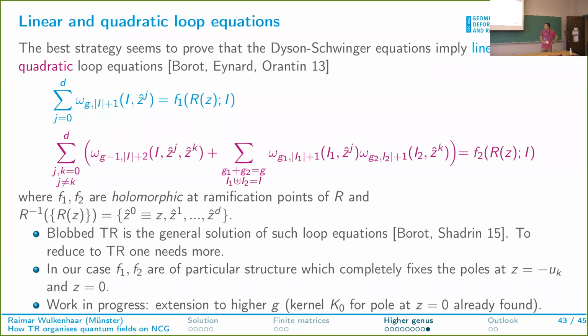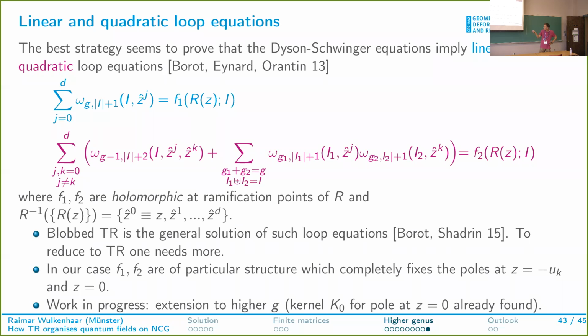And the best strategy, maybe the only strategy, is to prove so-called abstract loop equations. They appeared in a paper a long time ago by Borot, Wulkenhaar, and Pointin. So there's a linear equation: you consider your omega g,n's, distinguish one variable, and sum over all points in the fiber of x.